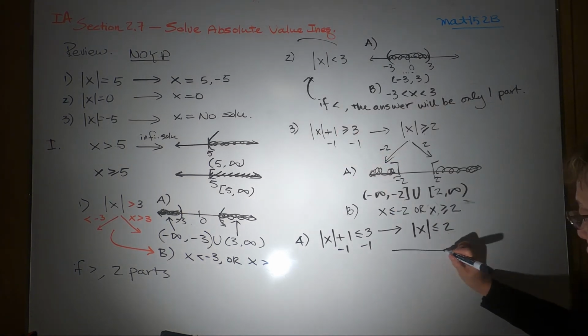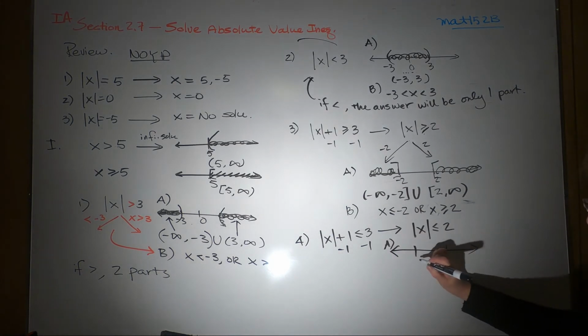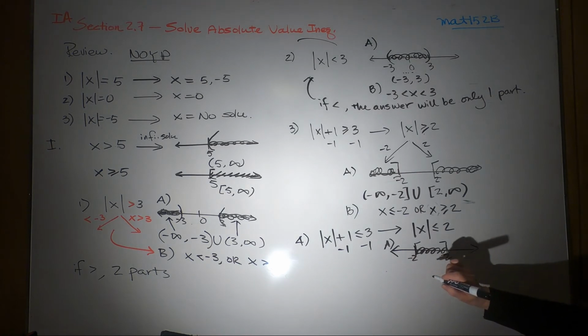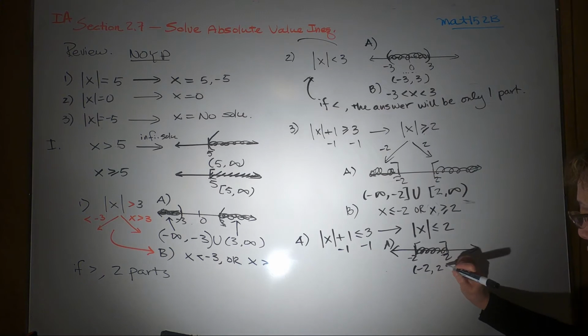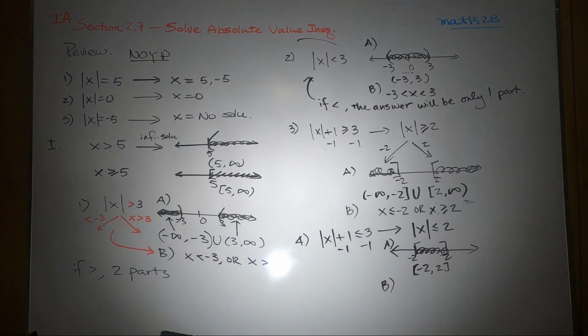So you can just graph it. It's between what? -2 and 2 inside with bracket, right? Oh yeah, we have to write interval notation, it's -2 to 2, right? With bracket. If we describe it with X, how are we going to describe it?